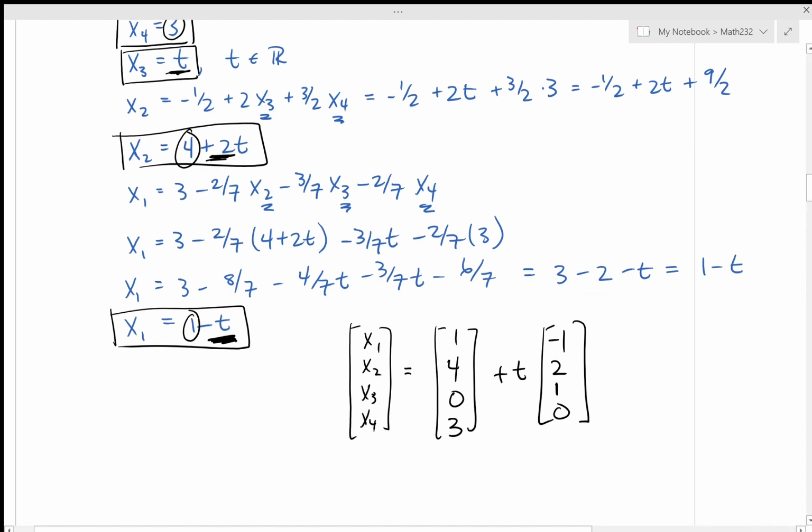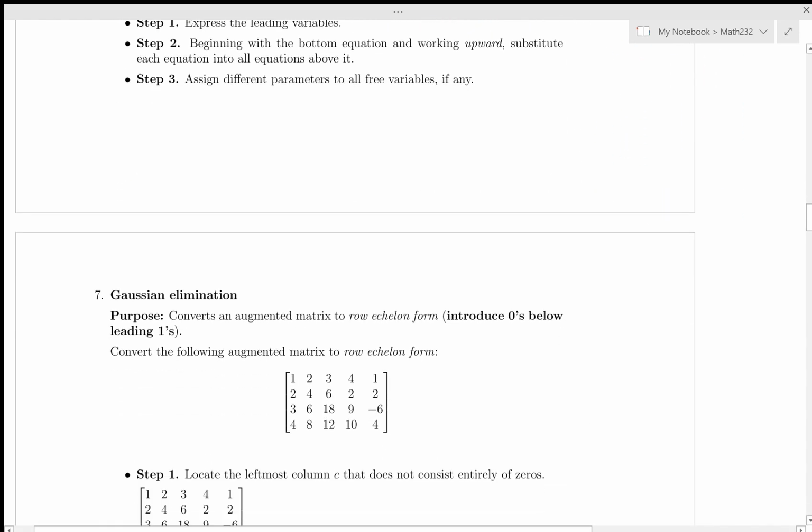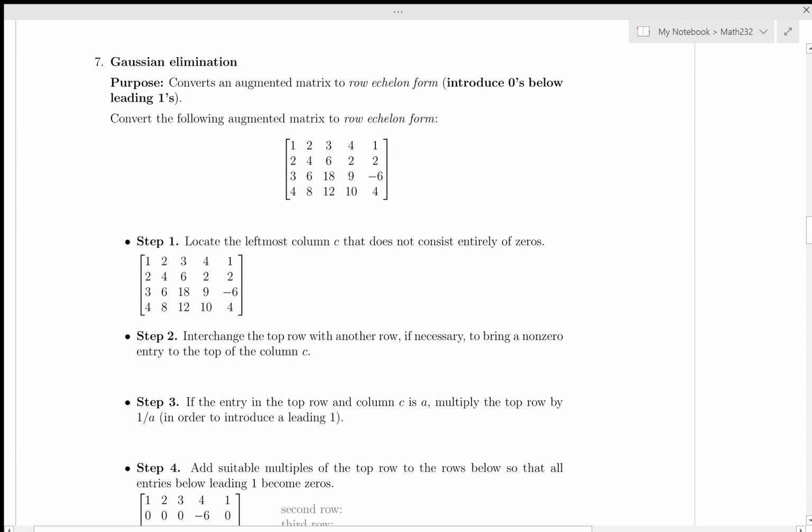So what we're going to do is a procedure called Gaussian elimination. The object of Gaussian elimination is to take some arbitrary augmented matrix like the one we have here before. There it is, an augmented matrix, and to convert it to row echelon form.